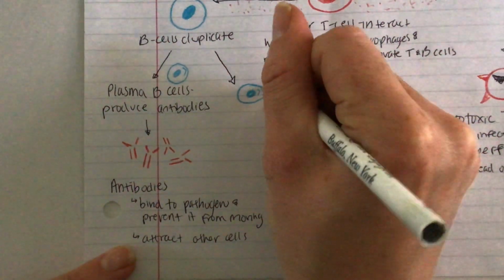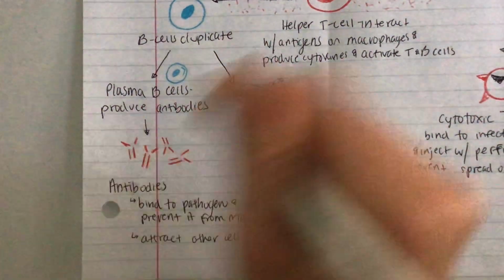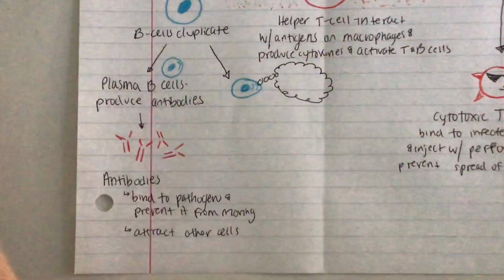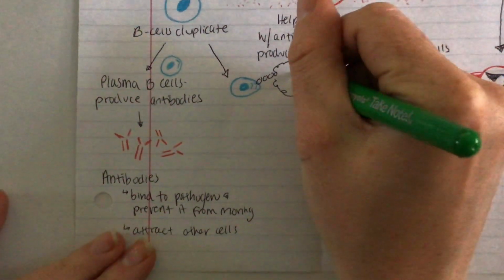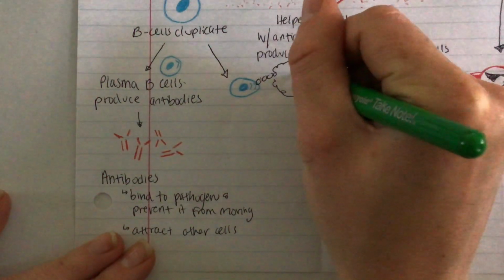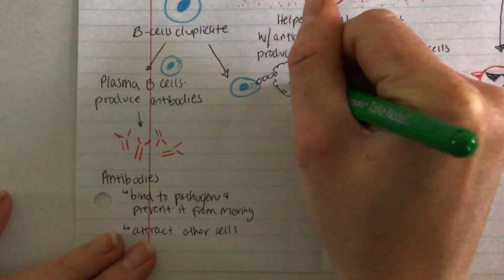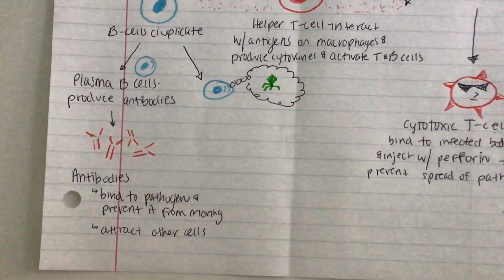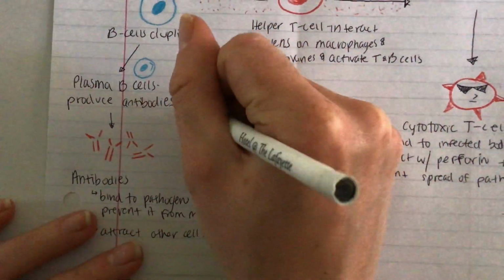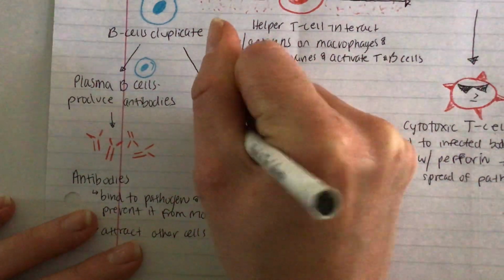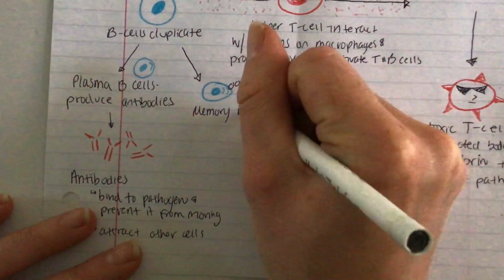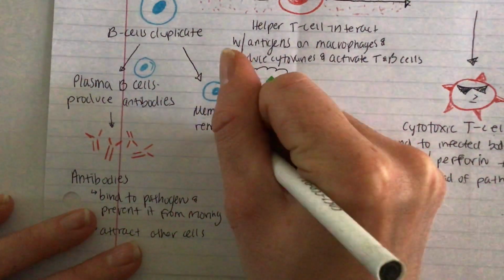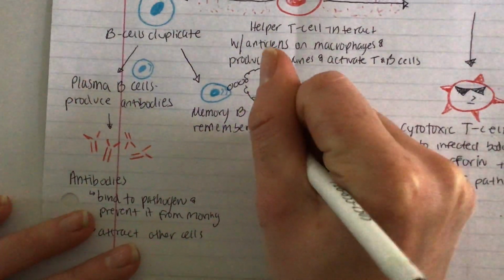Now memory B cells are going to remember our little pathogen for the future. Okay. So these have a pretty long lifespan, these memory B cells. So they'll remember them for a decent amount of time. So memory B cell remembers the pathogen.